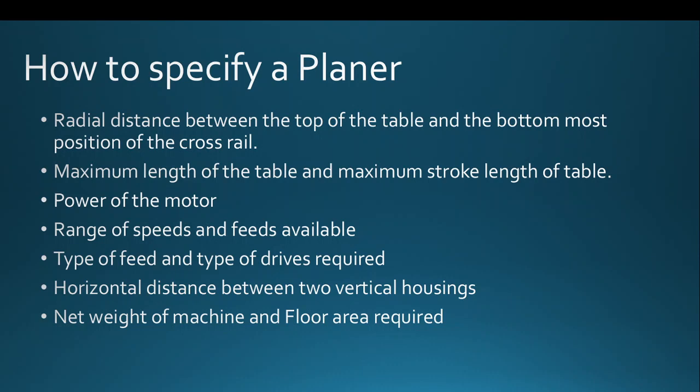Any planer machine can be denoted and identified by these important parameters: the radial distance between the top of the table and the bottom most position of the cross rail, the maximum length of the table and maximum stroke length of the table, power of the driving motor, what are all the variety of speeds and feeds available in the machine, and what type of feed and what type of drives are required for the operation, the horizontal distance between the two vertical housings, that is the overall width of the machine, and the net weight of the machine and the floor space area required. These are all the important parameters which are used to specify the planer machine.